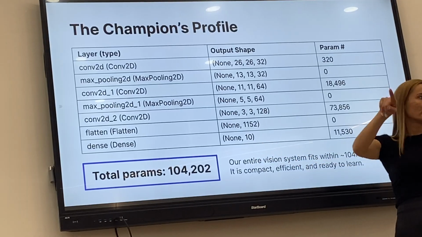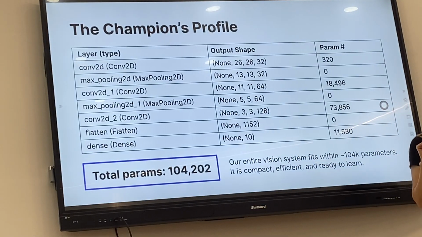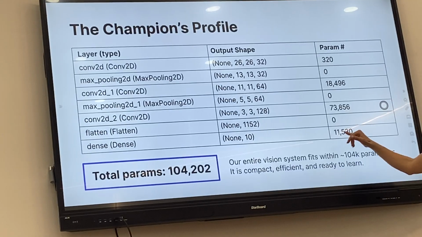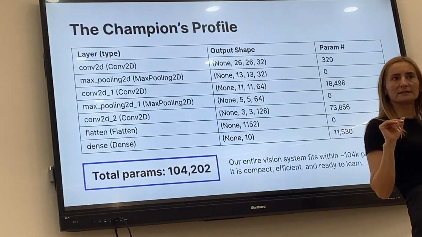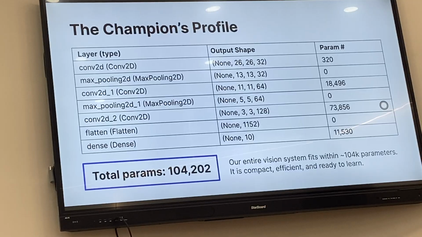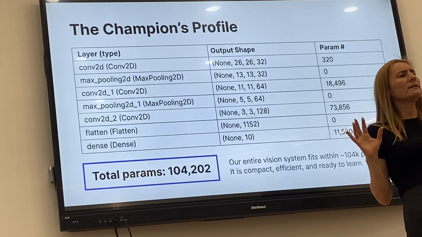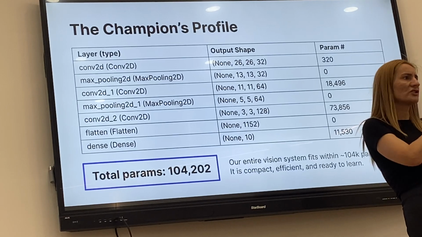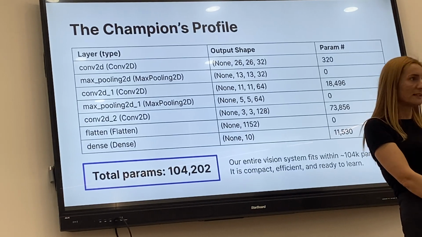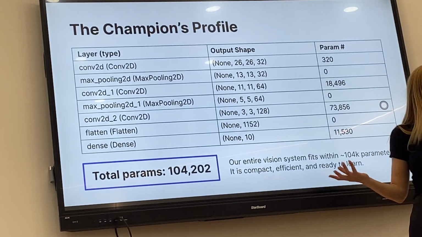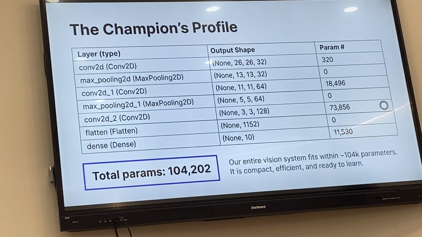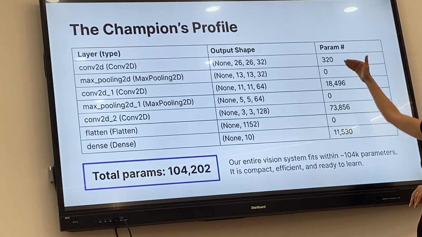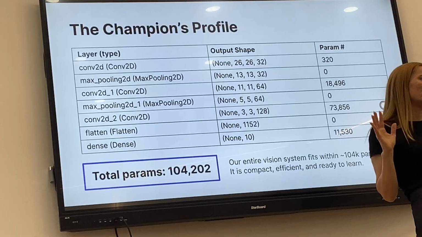If you multiply that by 10, plus 10 for the bias, you will end up with 11,530 parameters. Now, this model I have not fitted or deployed yet; it's just the model that I'm building. I didn't run it at all with data. So for the total number of parameters, I have to sum all the parameters belonging to each layer.